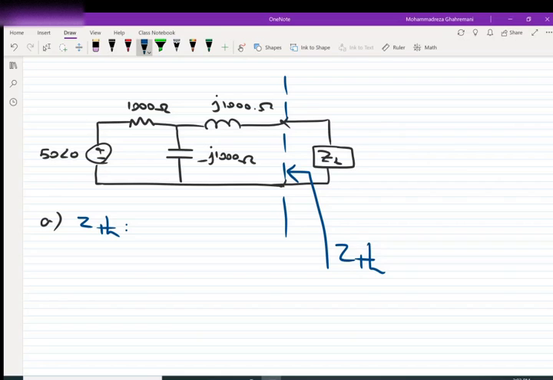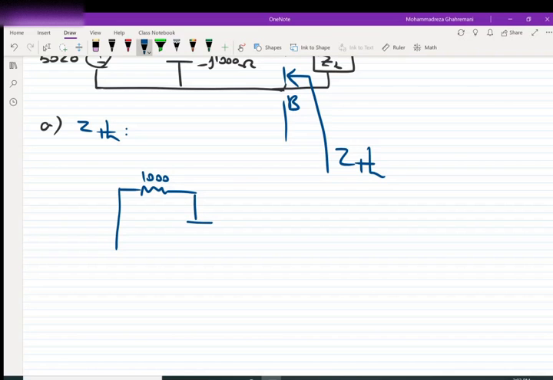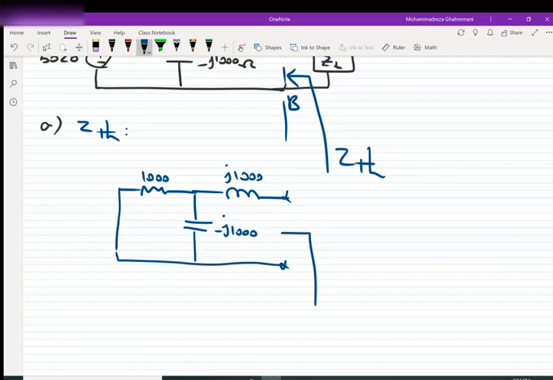We should notice that ZL is not part of the Z Thevenin, so we look from points A and B. Let's draw the circuit with the turned off voltage source. So we have a 1000 ohm resistor, negative J 1000 capacitor, and J 1000 inductor, and we want to find the Z Thevenin from this point.